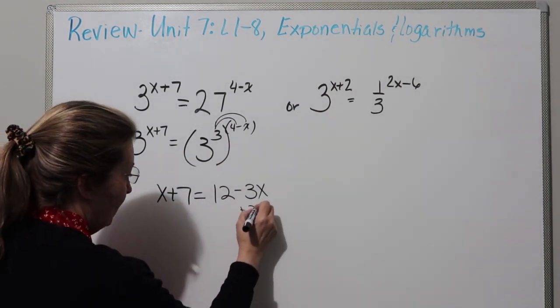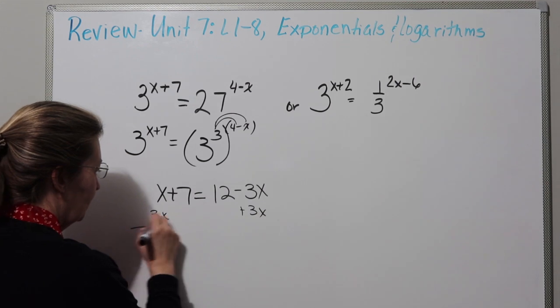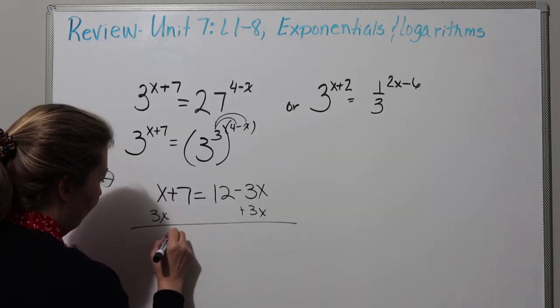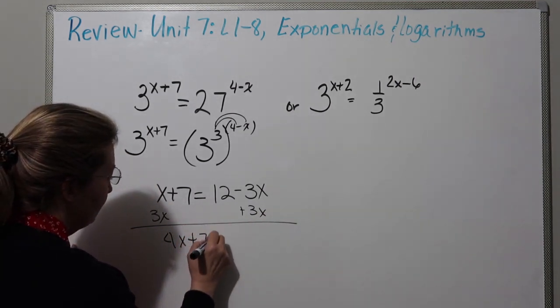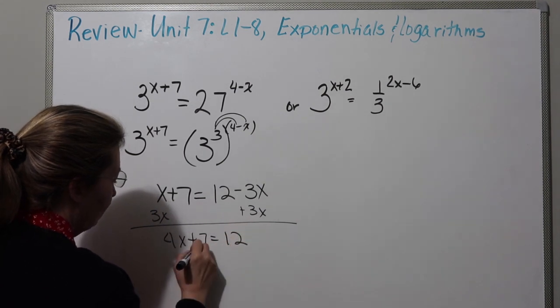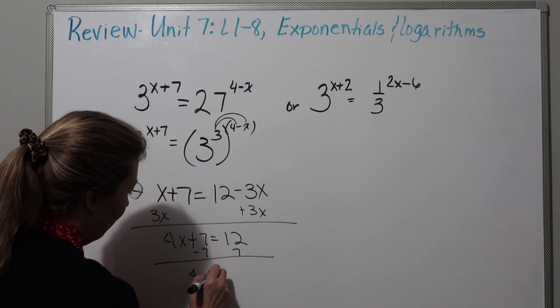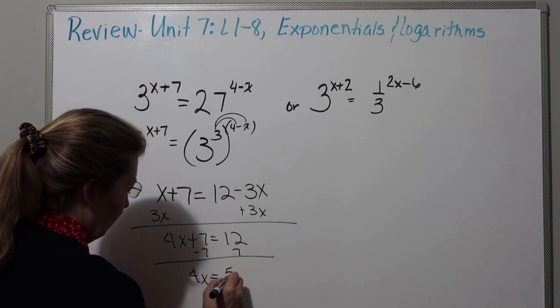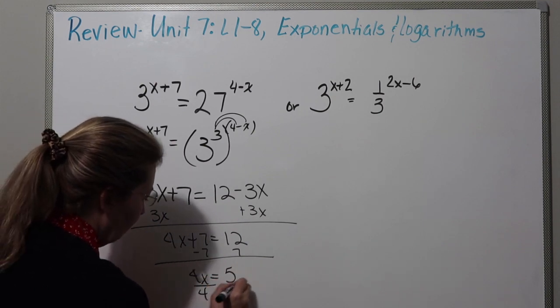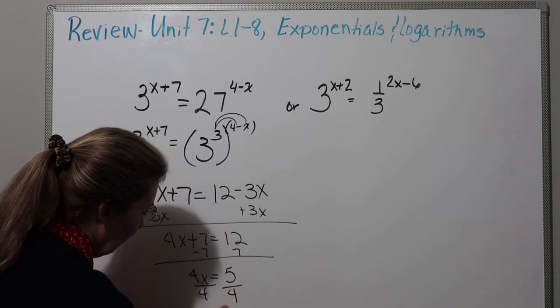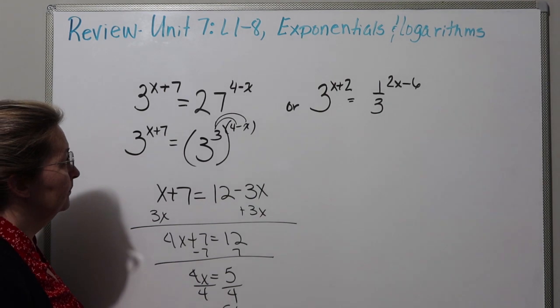I'm going to add 3x to each side. So I have 4x plus 7 equals 12. Then I'll subtract 7 from each side, and I'll get 4x equals 5. And then I'll divide both sides by 4. So I get x is equal to 5/4.